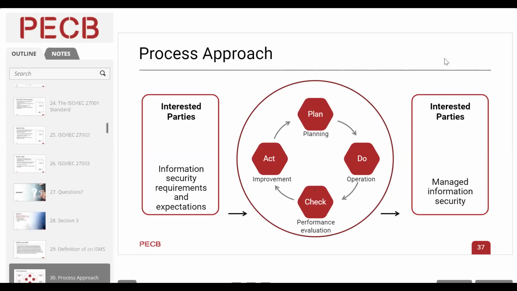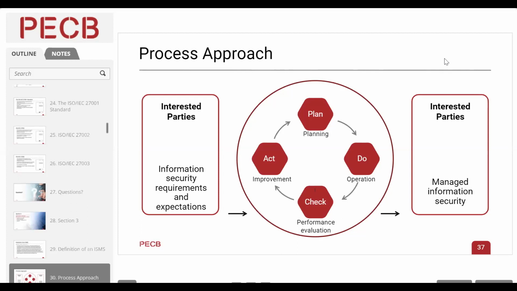So after we do the check, then any improvement that we can do to make it better, we would implement. We would roll it out in the act phase. So all improvements, all corrective actions that we notice are done in the act phase.